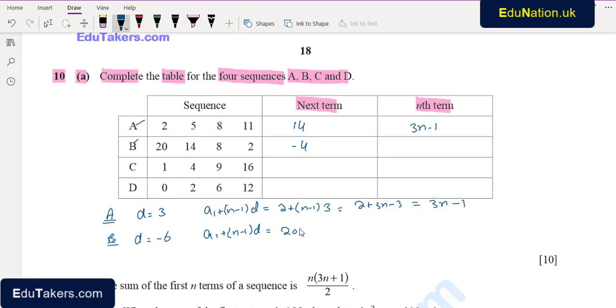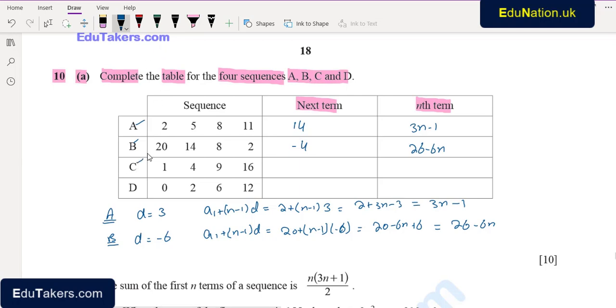First term is 20, d is minus 6, so 20 minus 6n plus 6 equals 26 minus 6n. Nth term is 26 minus 6n.